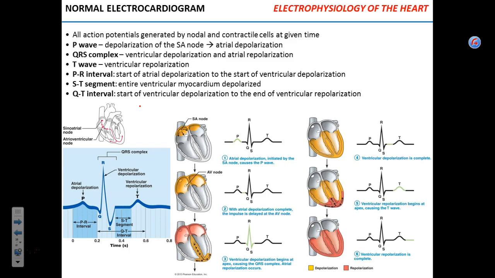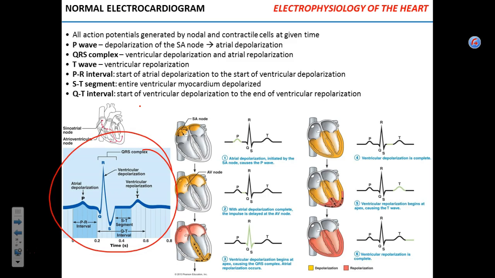Some of you probably know more about EKG than I do. But my purpose here is to tell you the coordination of the main elements of a normal EKG and what it means in terms of cardiac activity. We good? So this is a typical electrocardiogram.